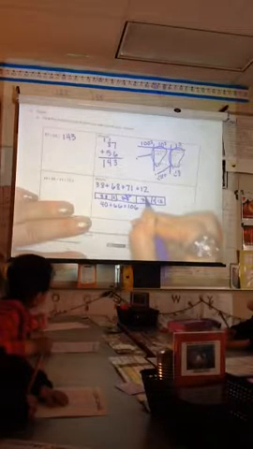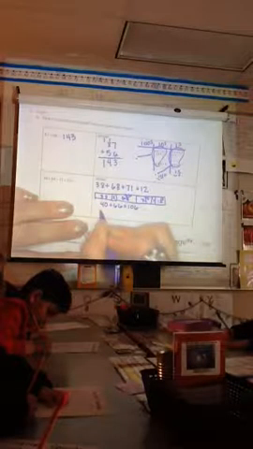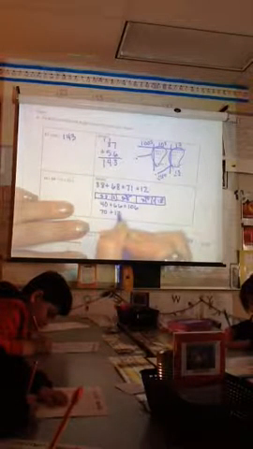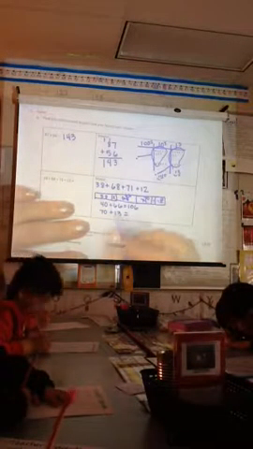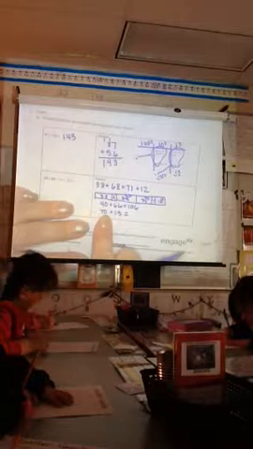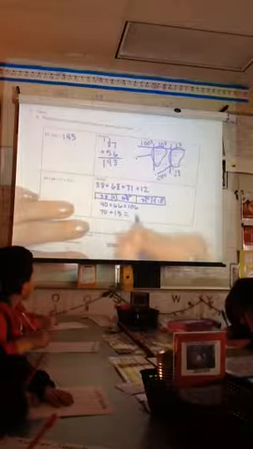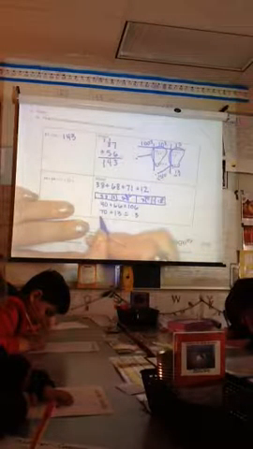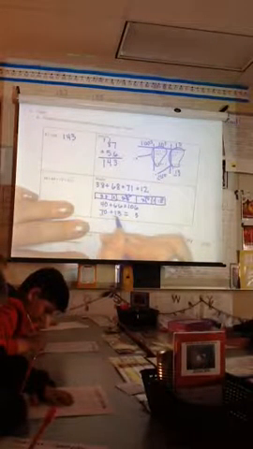So now it's like I have 70 plus 13. And it's easy to add 70 plus 13 because one of the add-ins has a 0 in it. I know 0 plus 3 is 3, and 70 plus 10 is 80.